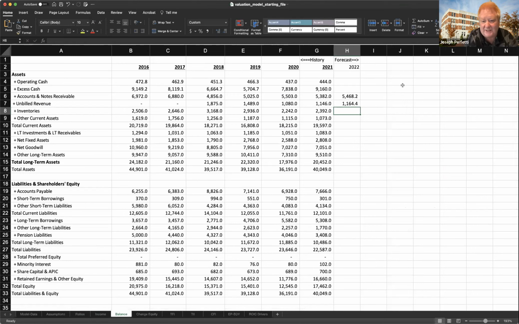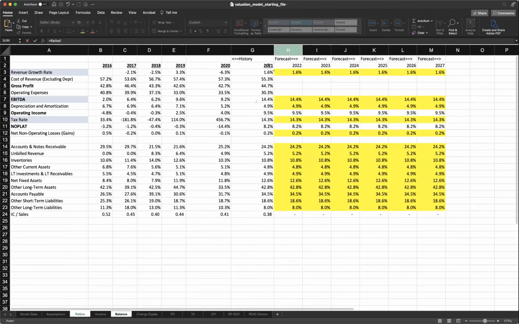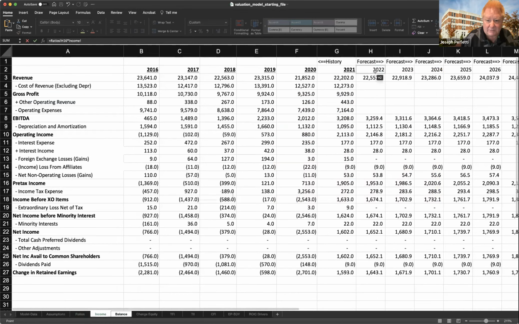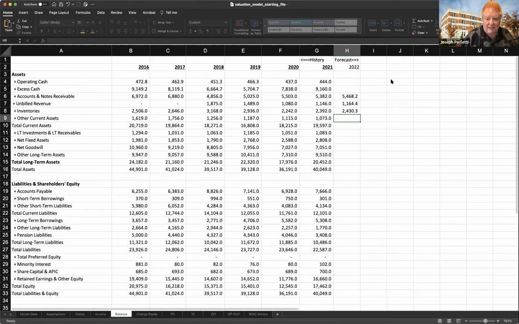That gets me 1,164.4 million euros of unbilled revenue. Next one, inventory equals, for 2022 from the ratios tab, inventory as a percentage of sales, H16, times from the income tab 2022 revenue, 22,557.6, H3. That's going to give me 2,430.3 of inventory.